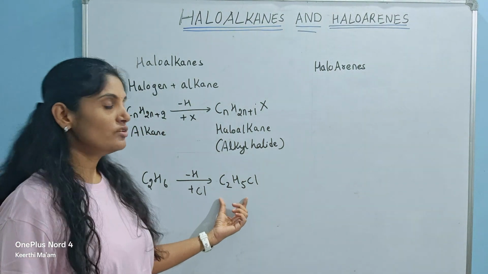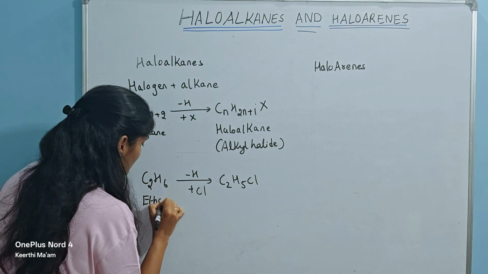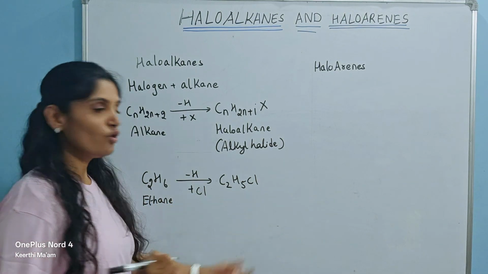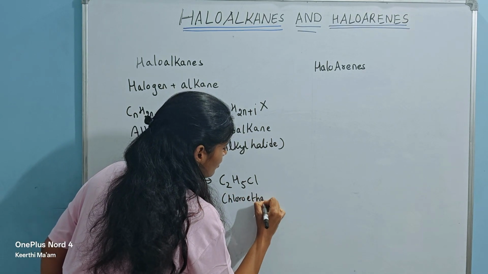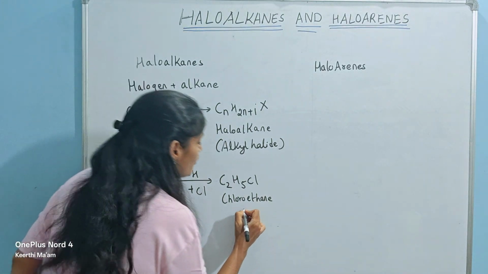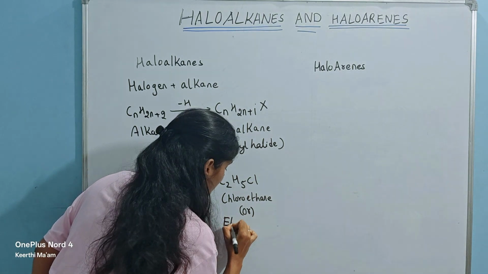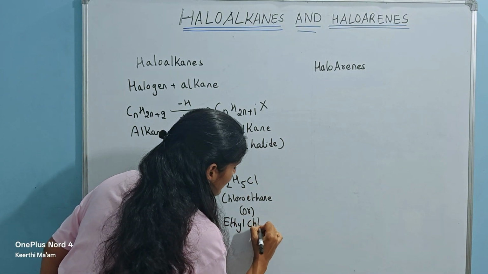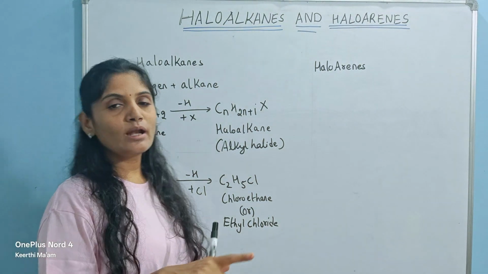This is my ethane derivative, so I can call it chloroethane. If you talk in terms of IUPAC naming, I call it chloroethane. Now if I talk in terms of common naming, I call it ethyl chloride.